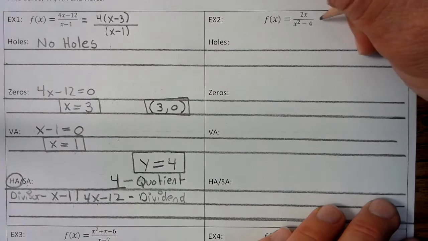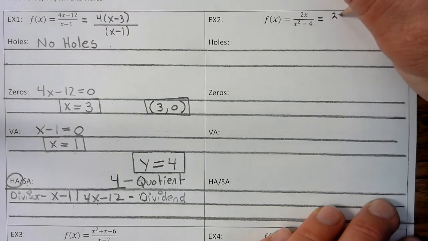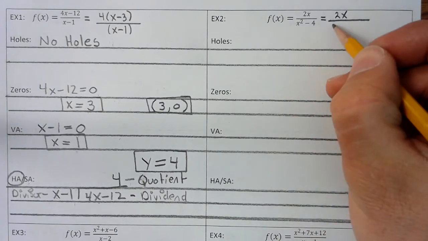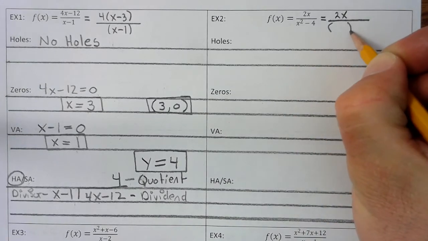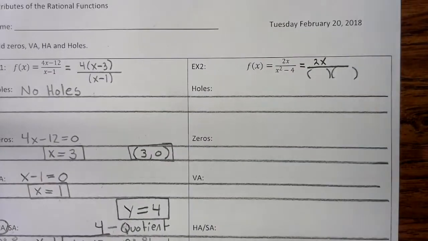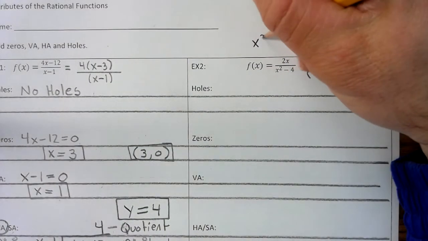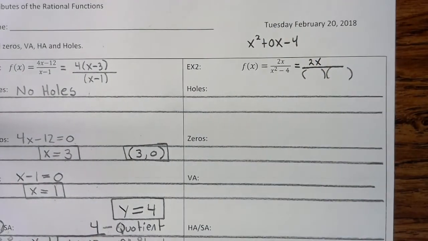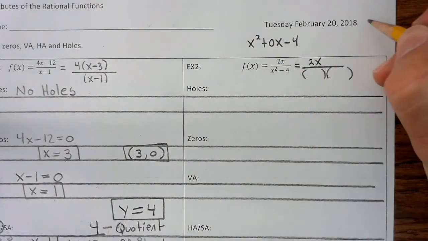Okay, so again, you want to factor the numerator and denominator. There's nothing you can do here for the numerator. Here, do 2 parentheses. Now, what's unique about this is you want to rewrite this as x squared plus 0x minus 4. Okay? So you want to find all the factors of negative 4.